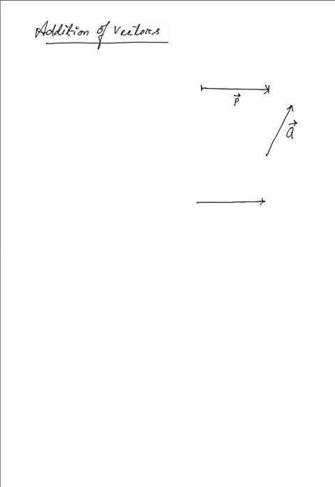Look, same. So this is the p vector, because it is equal to the above p vector, as it has the same magnitude as well as direction.